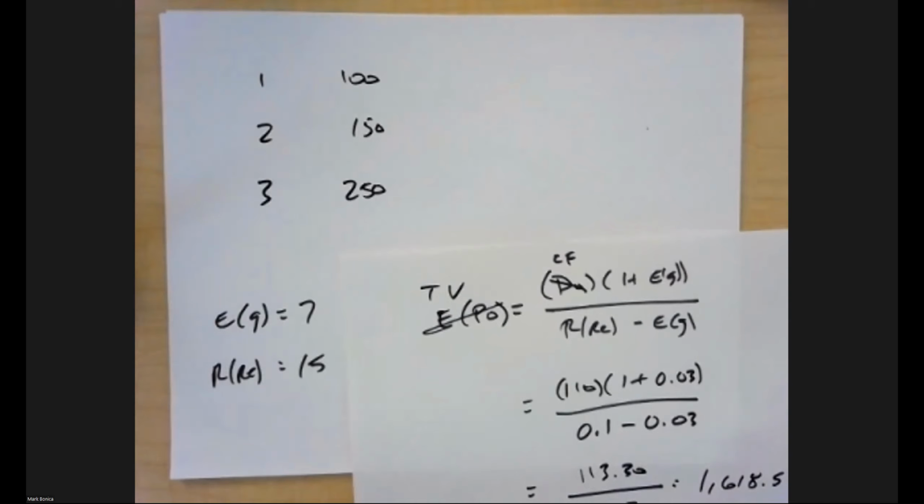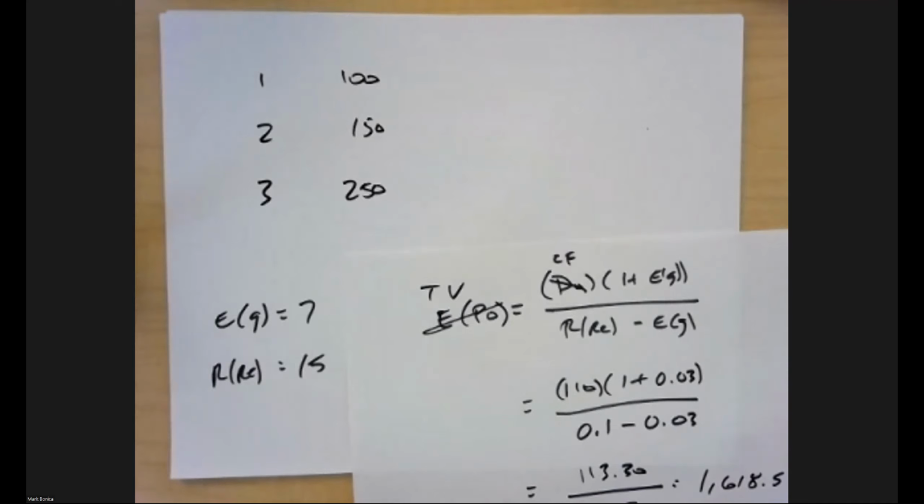The first thing we want to do is get the what? Terminal value, right? The terminal value is going to be based on the last cash flow from the rapid growth phase. So how am I going to get the terminal value?